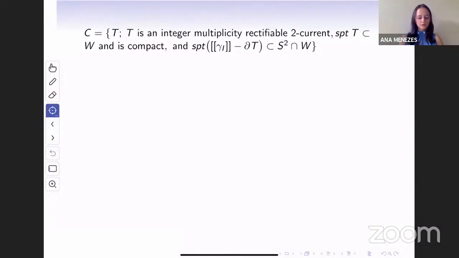We consider the class of currents such that the support is contained in your region W, and such that the support of the boundary has two pieces: a piece that coincides with the fixed boundary of M1, and another piece that is free to vary in the part of the sphere inside your region. Observe that M1, the connected component, as a current is contained in this class, so it's non-empty.